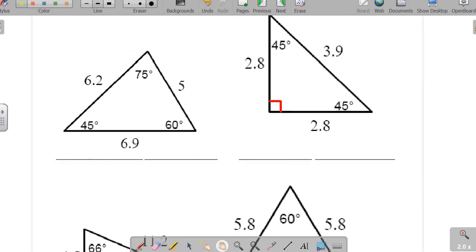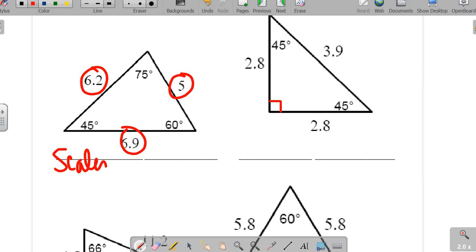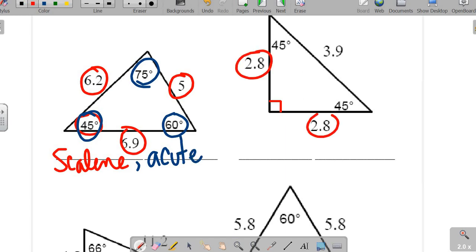Okay, welcome back. This first one, let's take a look at the sides. No sides are equal, so it's scalene. And we look at the angles. All the angles are less than 90, so we would call this a scalene acute triangle. Here we have two equal sides, so it is isosceles.